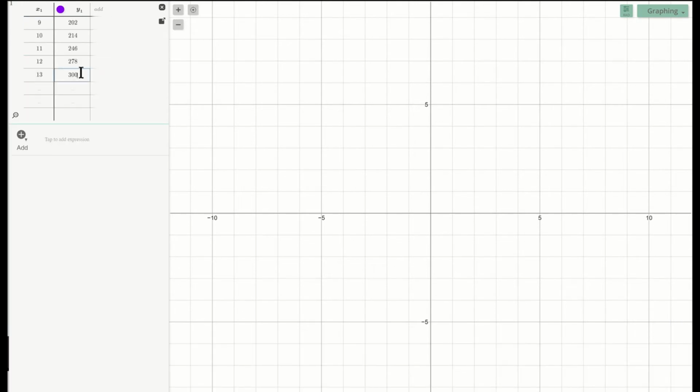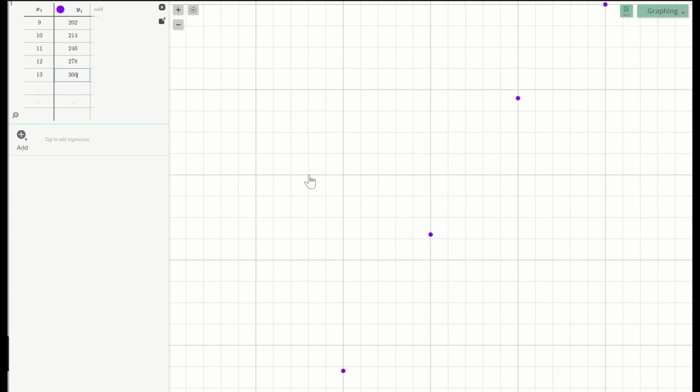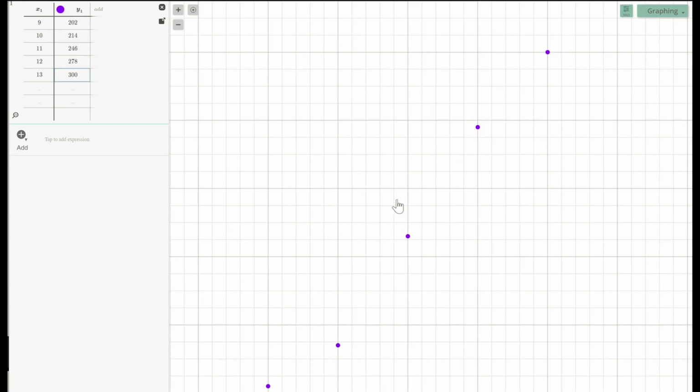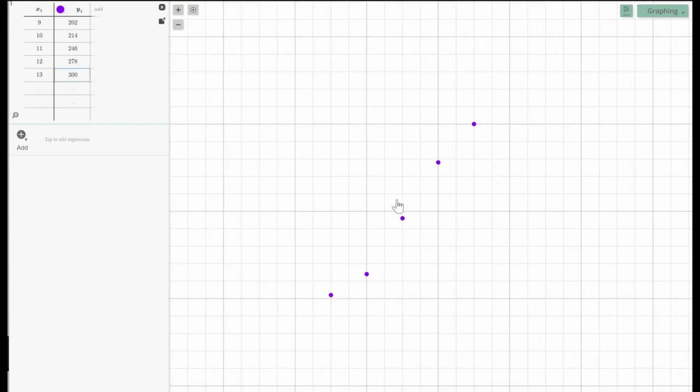Okay, so here are values just like we put into the TI-84, and of course they won't show up again because of this standard window being too small. We're going to go ahead and push zoom fit, and that'll bring it into focus. So if we make it even a little bit smaller, it'll show us right there.